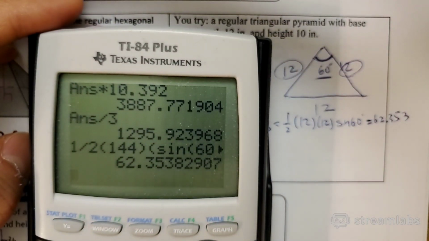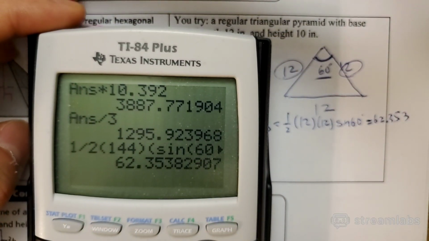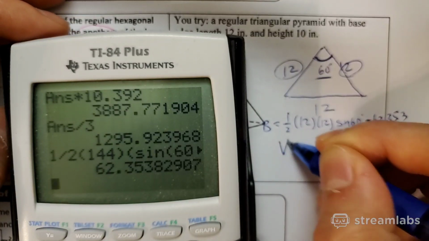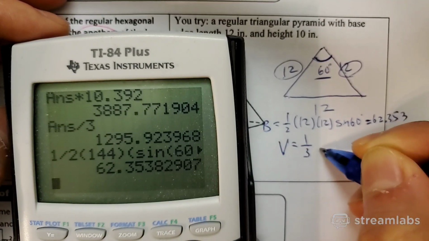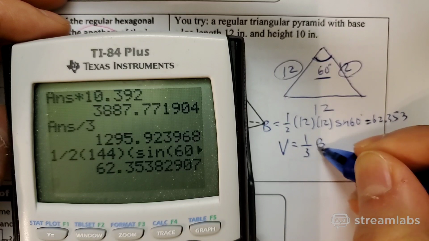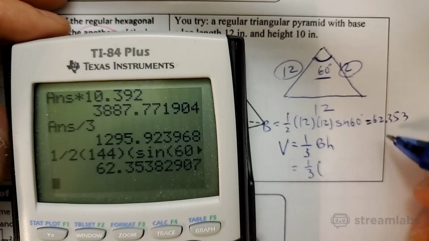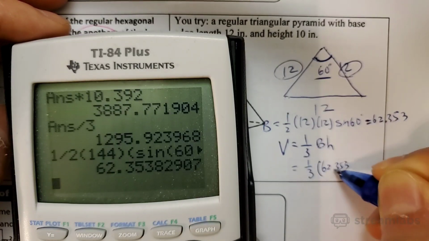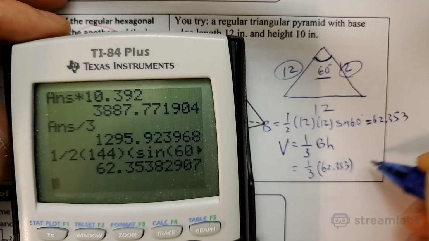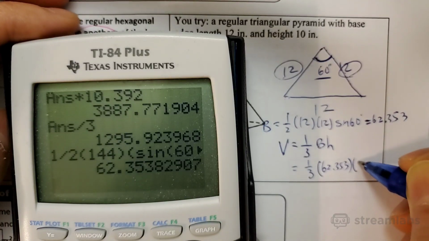And then you multiply that by, so volume is 1/3 base times height, which is 1/3 times 62.353 whatever, times 10, right?